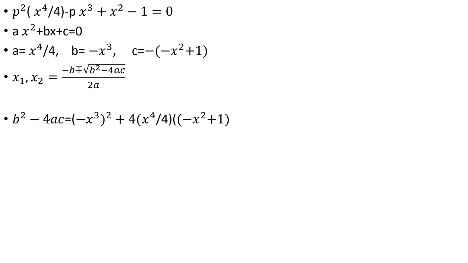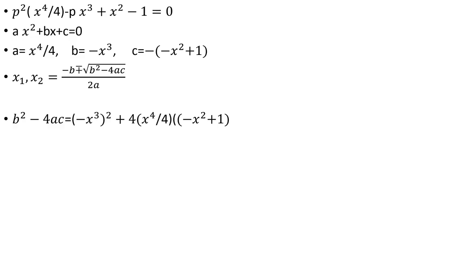And furthermore, b² minus 4ac can be minus x³ to the 2 plus this term right here, because remember my b in here was defined as x³ and my a is x⁴/4.